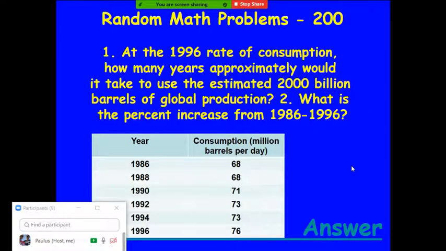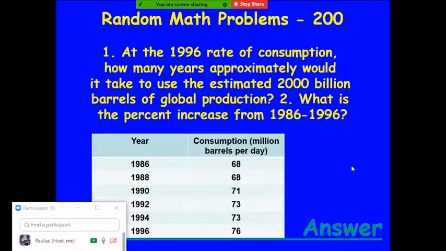At the 1996 rate of consumption, how many years approximately would it take to use the estimated 2,000 billion barrels of global production? And what is the percent increase from 1986 to 1996? And I did make a mistake on the study guide. Let me tell you which number I made that mistake on. Where is it?